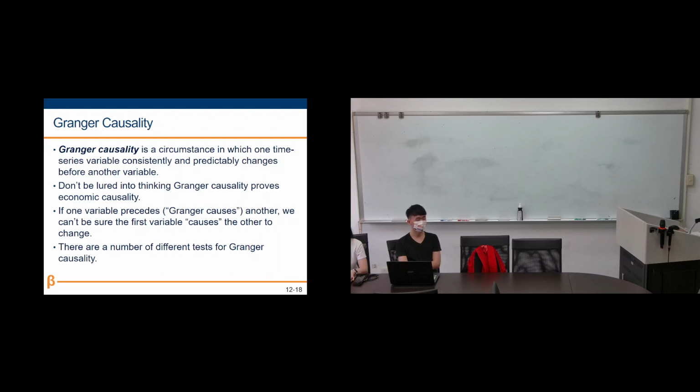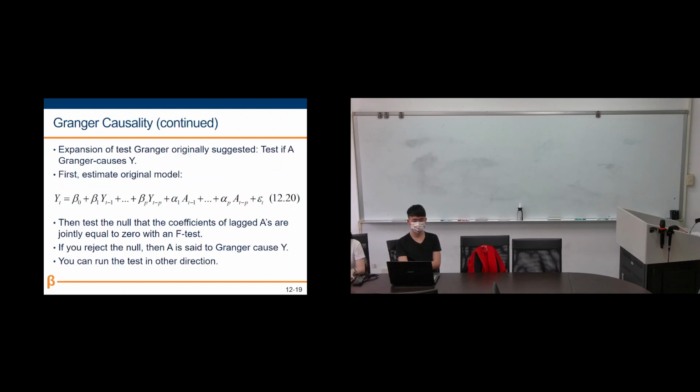Then how do we check whether we have this situation or evidence? Look at this equation. I wanted to show two equations.